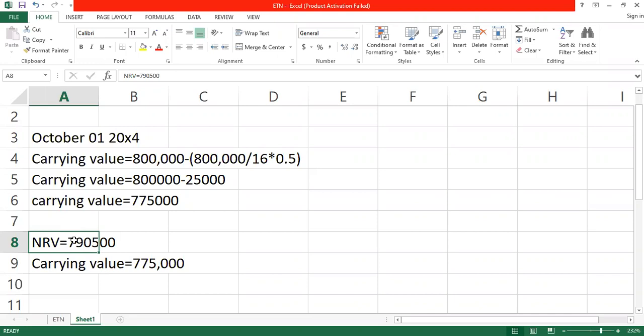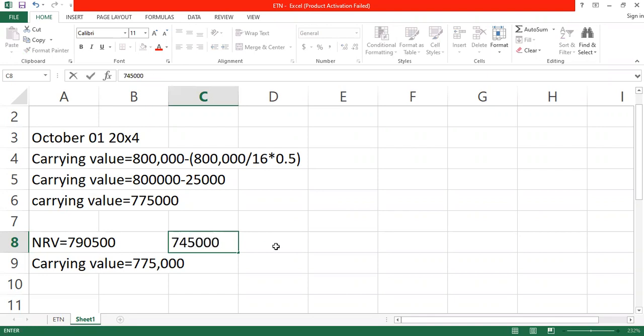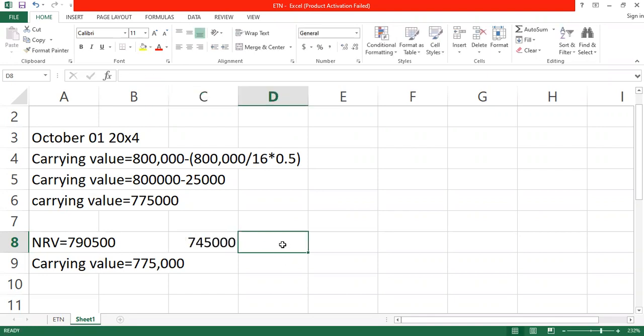Let's assume the net realizable value is 776,000 or 745,000. If you revalue, we are going to have a revaluation loss, which is the same as impairment for an asset carried under the cost model. For assets carried under the revaluation model, the impairment is called revaluation loss, but for assets carried under the cost model, impairments are called impairments.